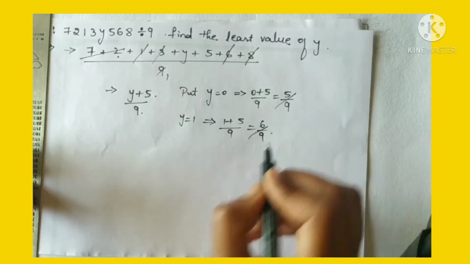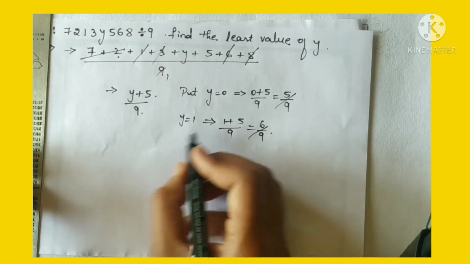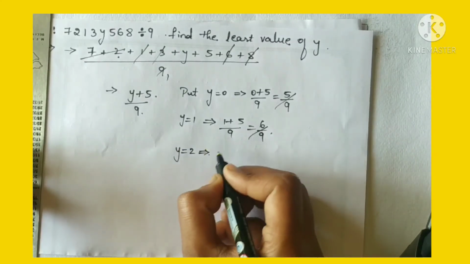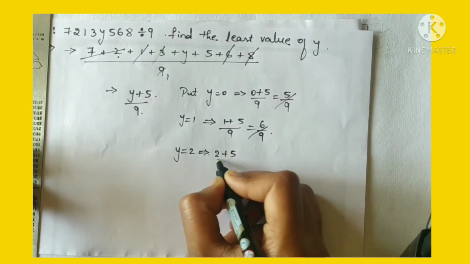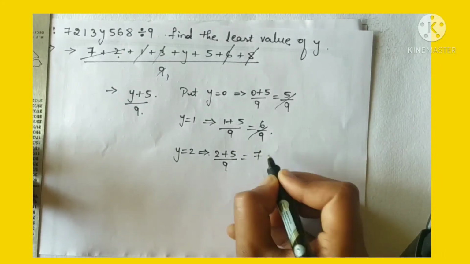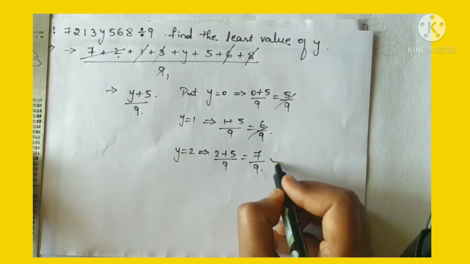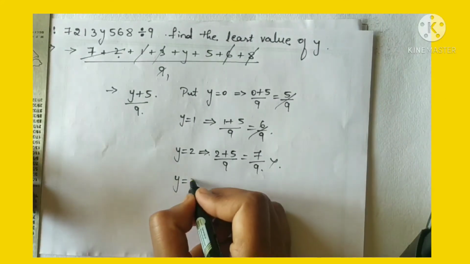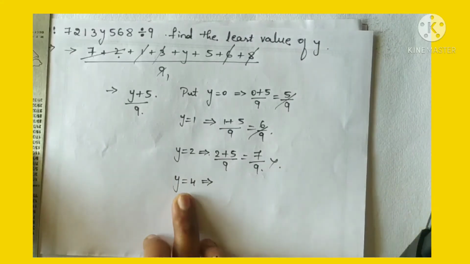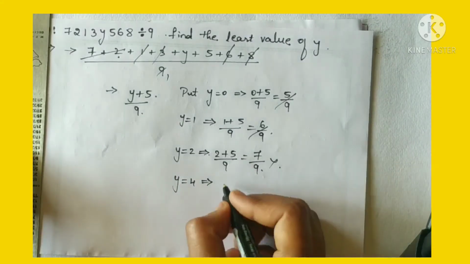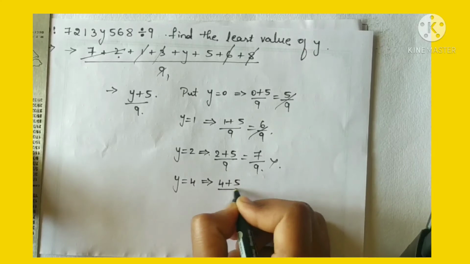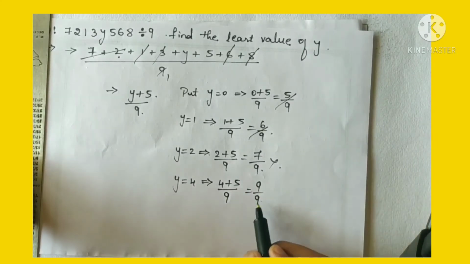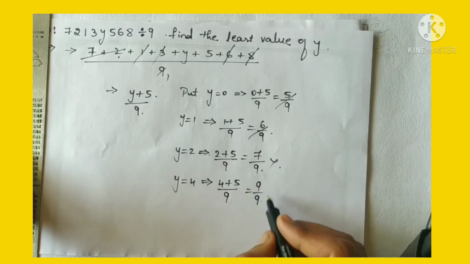So it is also not a correct value. Y equal to 2: 2 plus 5 is 7, divided by 9, this is also not possible. Y equal to 4: 4 plus 5 is 9, and 9 divided by 9 is yes, divisible.